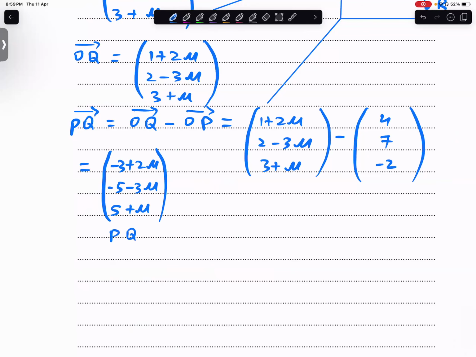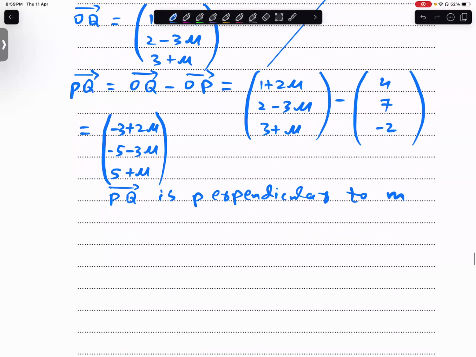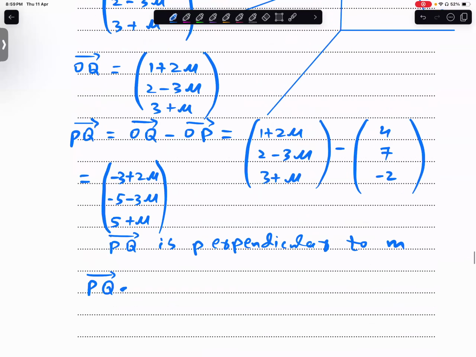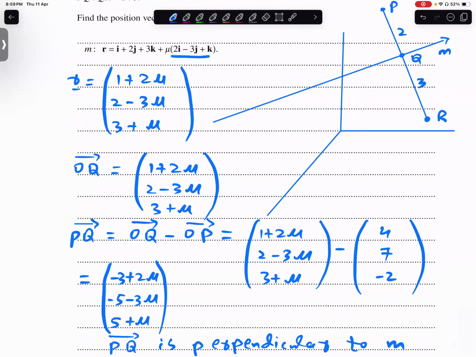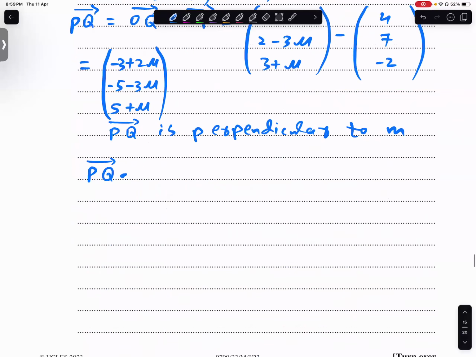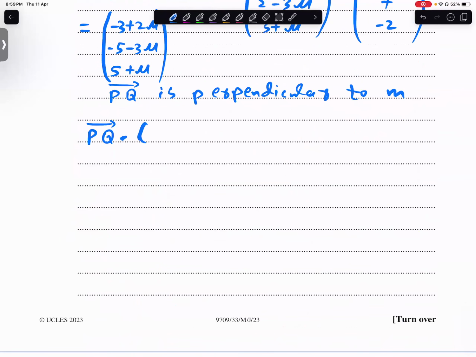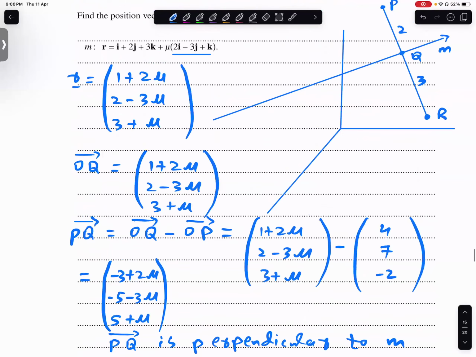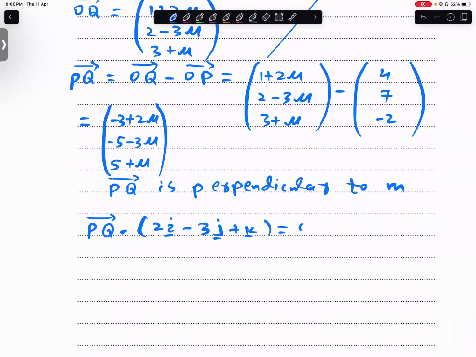Now students, as PQ is perpendicular to M, it is definitely perpendicular to the directional vector of M. It means that PQ dot the directional vector of M, which is 2i minus 3j plus k, is 0.